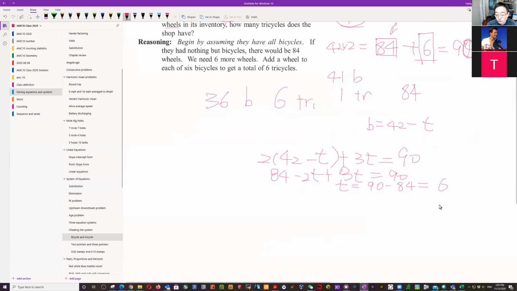And also notice the calculation. In the eventual calculation, 90 minus 84, the 84 is just twice the assumed wrong case.